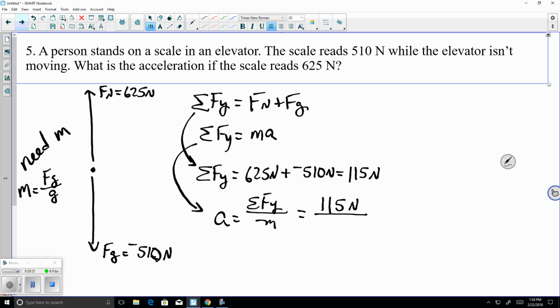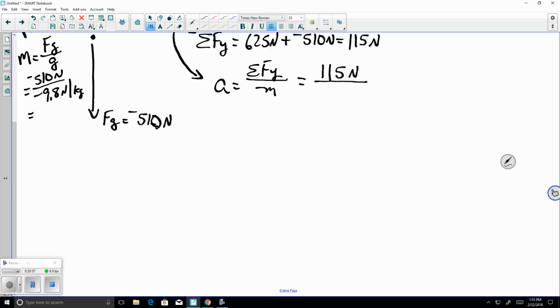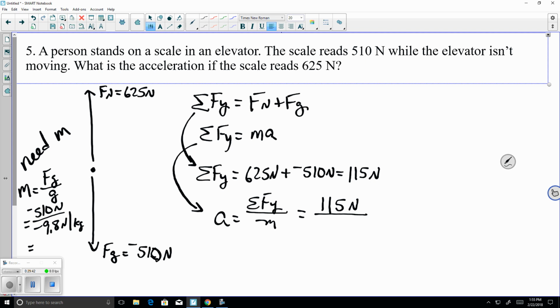And g is just the acceleration due to gravity. It's a very special a. So we do 510 newtons over minus 9.8 newtons per kilogram, and we're left with m equal to 52 kilograms.